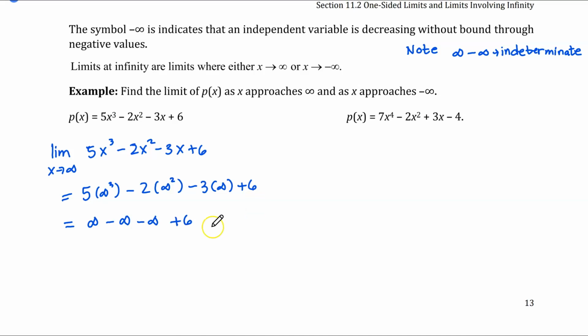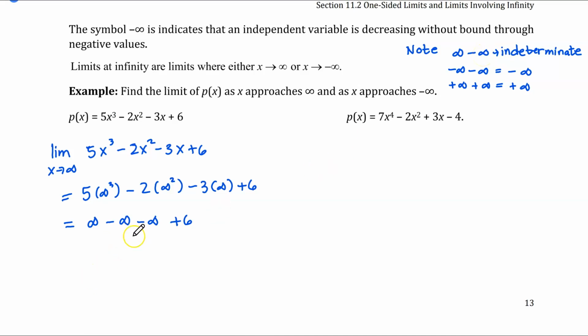The 6 is just a constant. Now, we can combine these two: negative infinity minus infinity is minus infinity. In the same way, positive infinity plus infinity is equal to positive infinity. But if you have positive infinity minus infinity, you cannot simply say that it is 0.